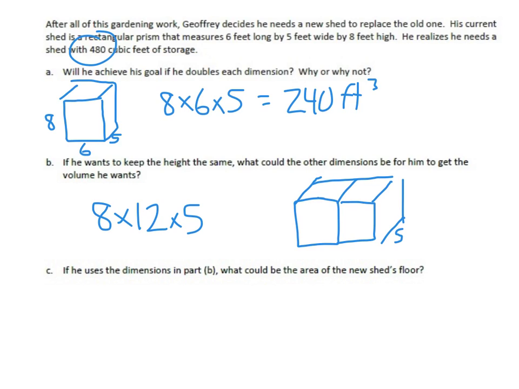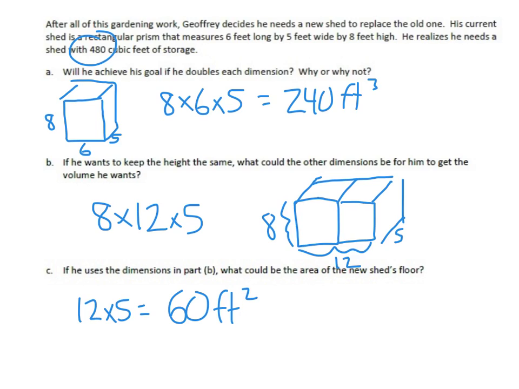This is still 5, this is double, 12, and this is 8. Now, they want to know the area of my new floor. The area of my new floor is 12 by 5, or 60 feet squared. And that's how you solve that problem.